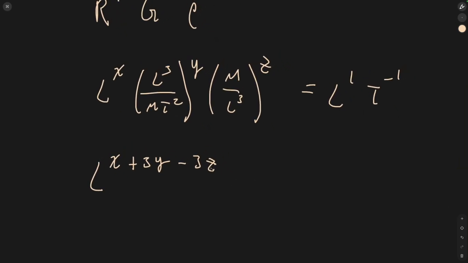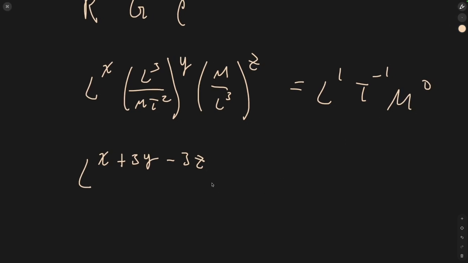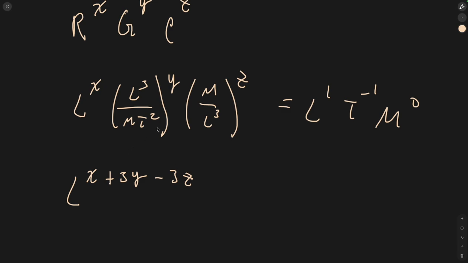Okay, now if we do m's, oh, there's an m to the 0 here, by the way. Now if we do m's, we could do time. I mean, the order doesn't matter, but I'll do m. So we have m to the minus y and then plus z.